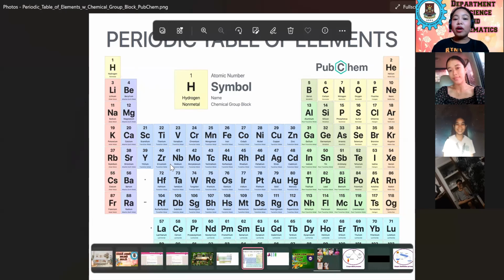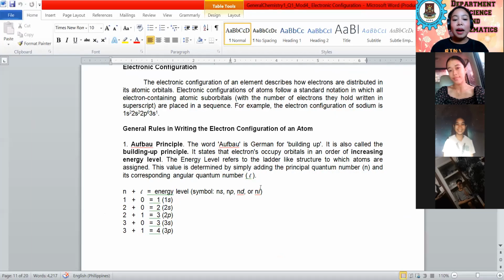Now, there is a way to calculate the energy level. The principal quantum number does not represent the energy level by itself, but the energy level is taken from the sum of the principal quantum number and the angular quantum number.